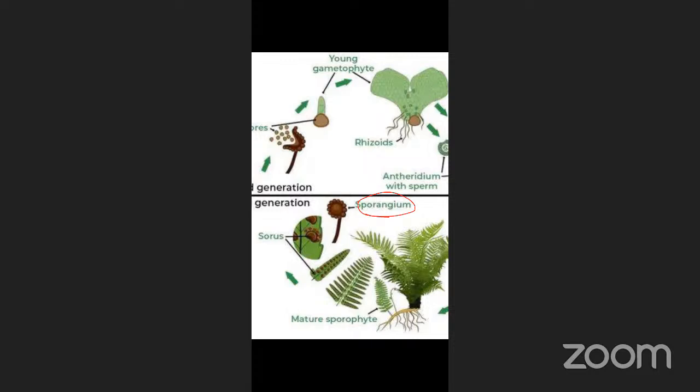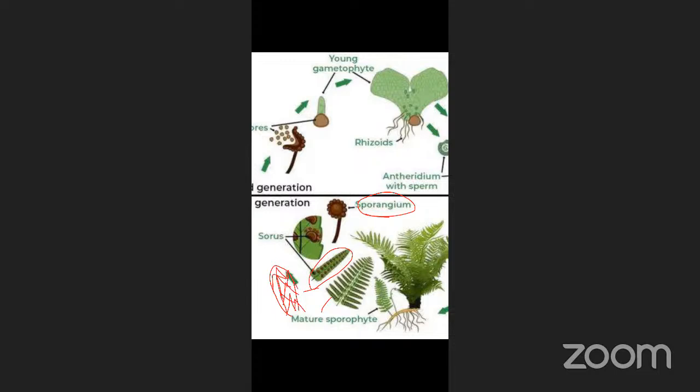This is the leaf, clearly given here, the common leaf with sporangium. This group of leaves is called a cone. The cone appearance is like this, right?